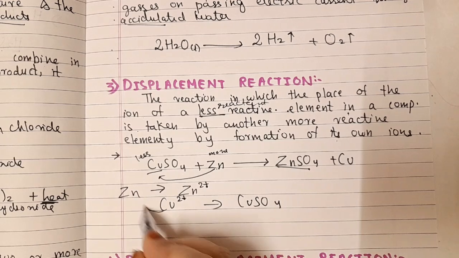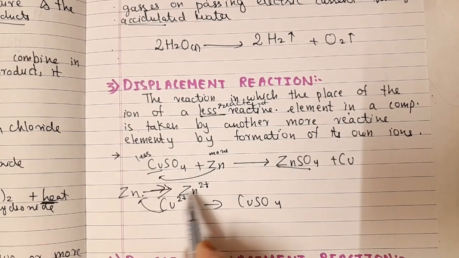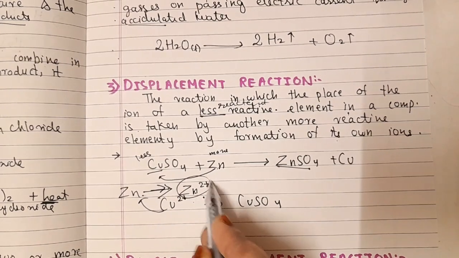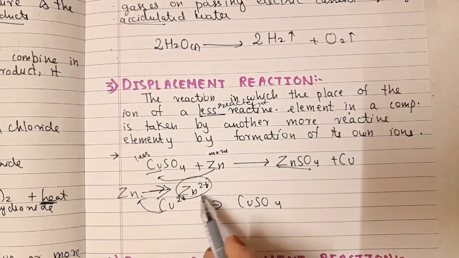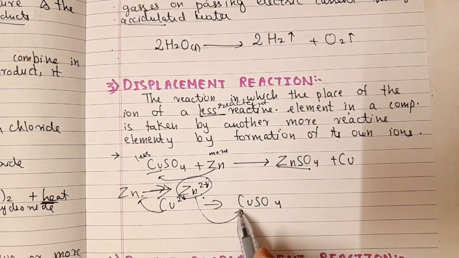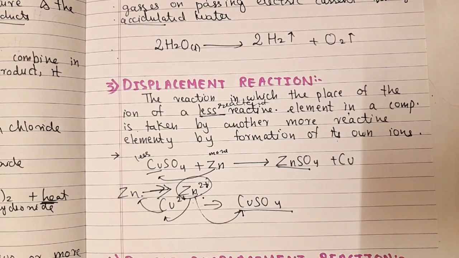So this kind of reaction is a displacement reaction, that means from zinc it will form zinc ion which is Zn2+, and this Zn2+ ion takes the place of the copper from the copper sulfate, okay. So the zinc will displace the copper which is less reactive than the zinc. So this is a displacement type of reaction.